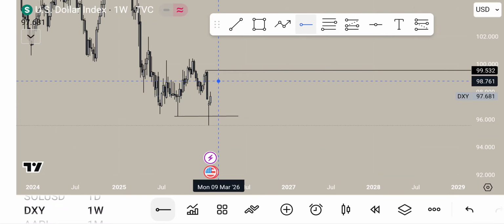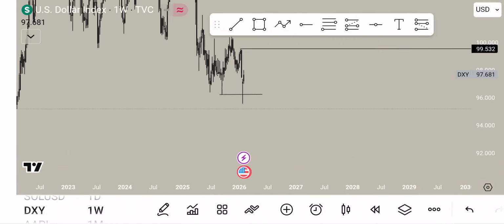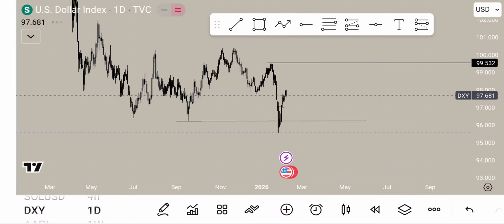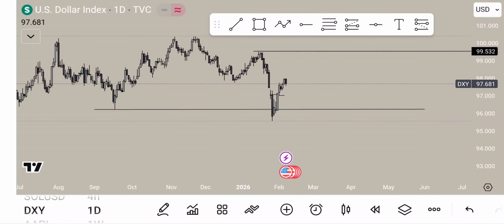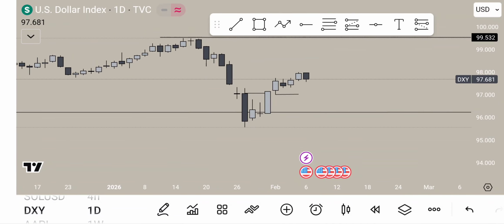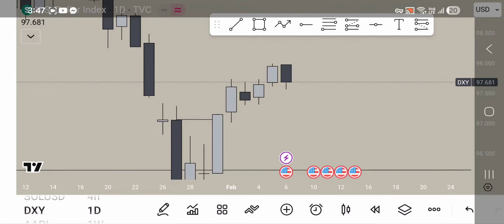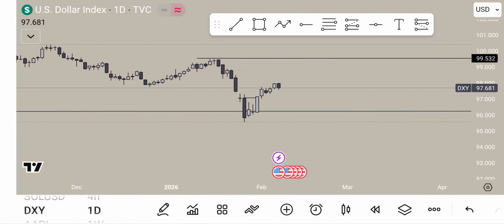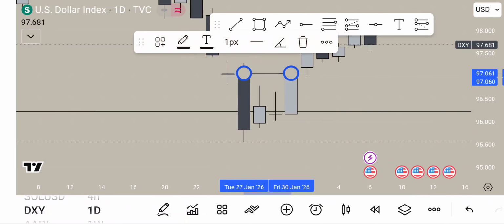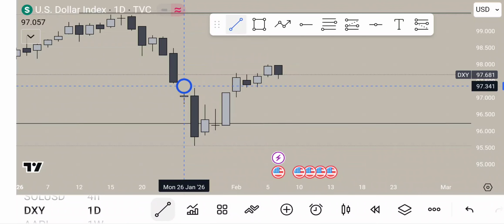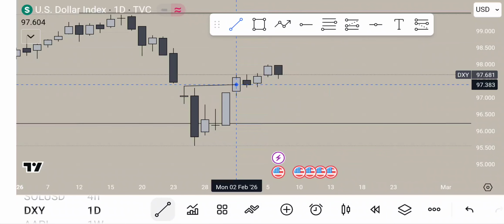Okay, now what should I expect from the daily? Let me see what the daily is telling me. From the daily perspective, the DXY is really doing great. When I come on the daily, I already see from here a change in the market structure shift to the upside.